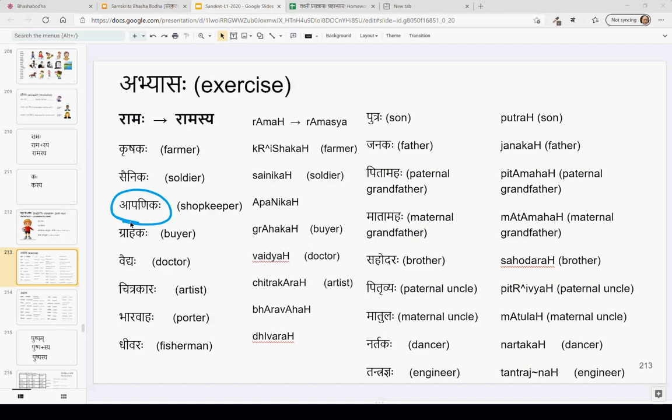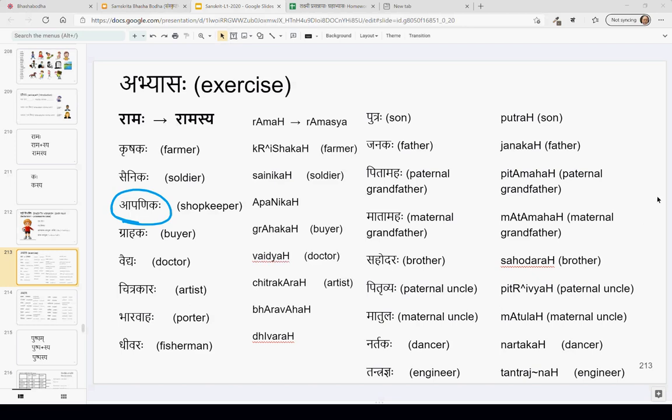Then what is the Shashti Vibhakti form of that word? And then use some other word relevant to that, which belongs to apanika. For example, we have used balakasya kandukaha before. So kandukaha belongs to balaka, or khagasya dhvanihi, something like that. You use the word which you know already with the Shashti Vibhakti form of apanika.